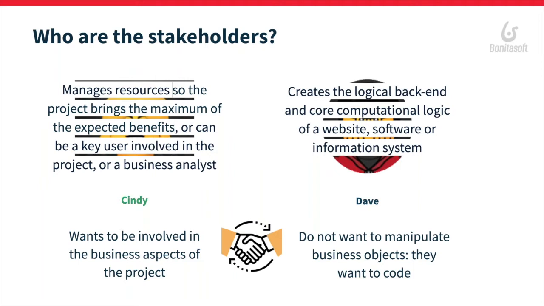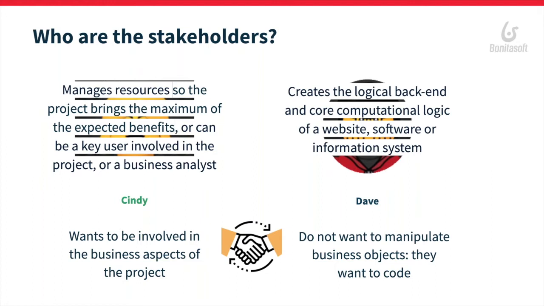Because with a solution like Bonita, we can also manage requests, and I just want you to simply visualize how Cindy and Dave collaborate on every aspect of the project. So don't be surprised. We try to be as simple as possible to make you understand everything.